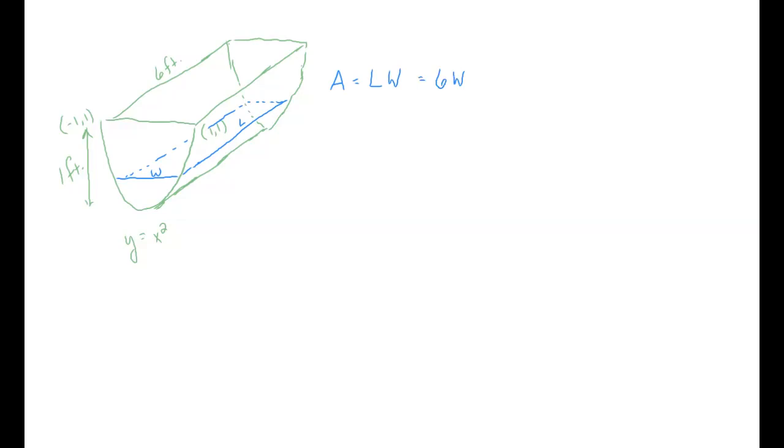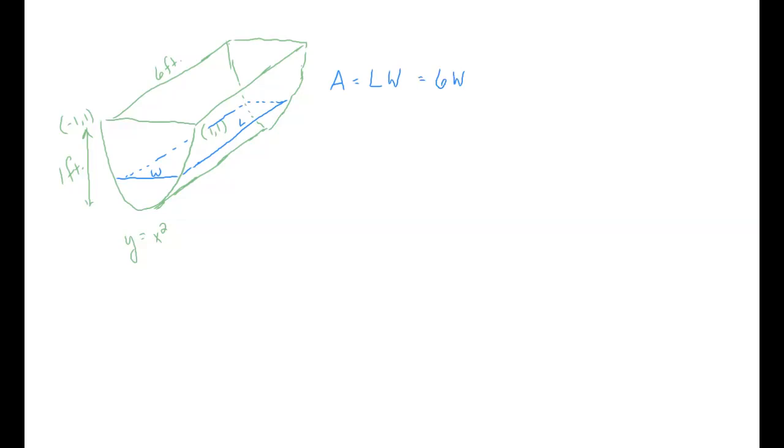Are you down here at 0 feet at the bottom, or up here at 1 foot at the top, or somewhere in between? Notice that as you move up this trough, the width becomes wider and wider. At the bottom, the width is 0. At the very top, the width is 2. You're going from -1 to 1, and it increases steadily between those two values.